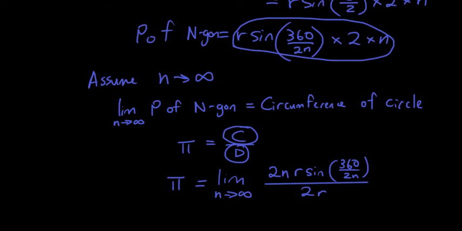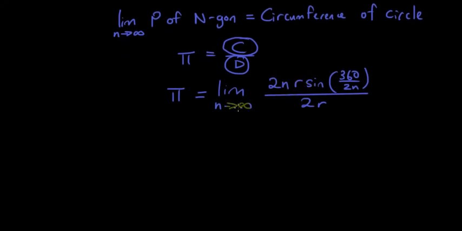Now if we simplify this equation, don't worry about the limit thing if you're uncomfortable with it. Basically it just means we're going to substitute a number for n that is very close to infinity, like 9 billion, 9.9 trillion zillion or something.